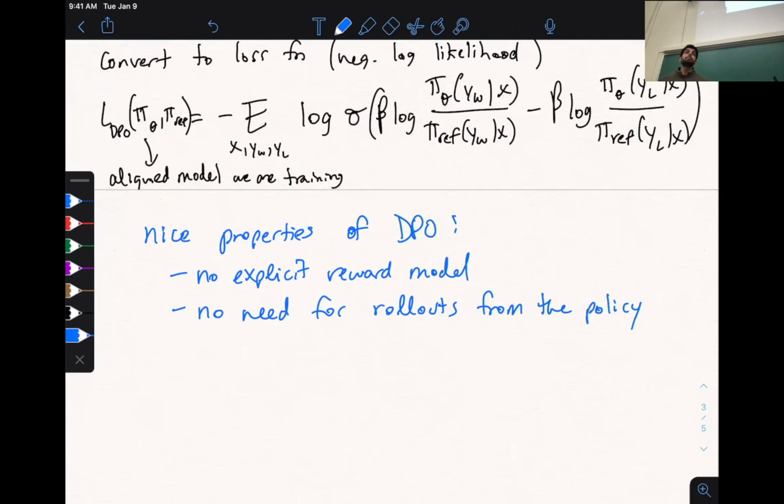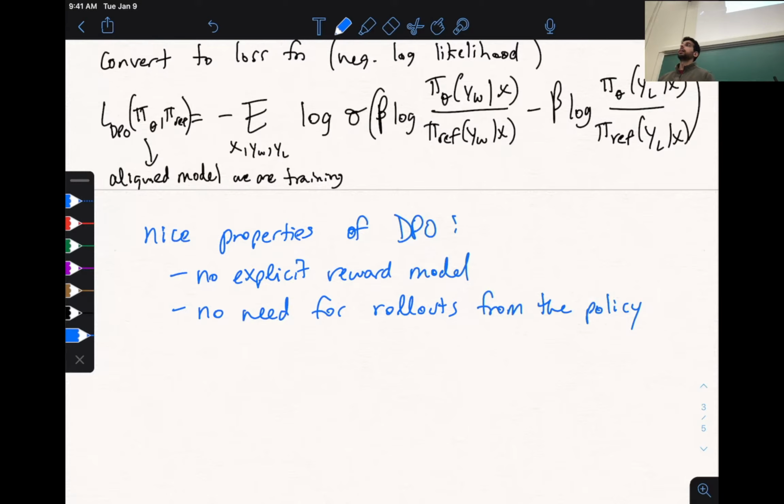In contrast, DPO does not require an explicit reward model, so you save the memory required by that. And it does require the reference policy as well as the one that you're updating. So you have to have two copies of the model, but it does not require doing these rollouts. So that makes it much, much faster, easier to use for people who don't have access to huge compute resources.